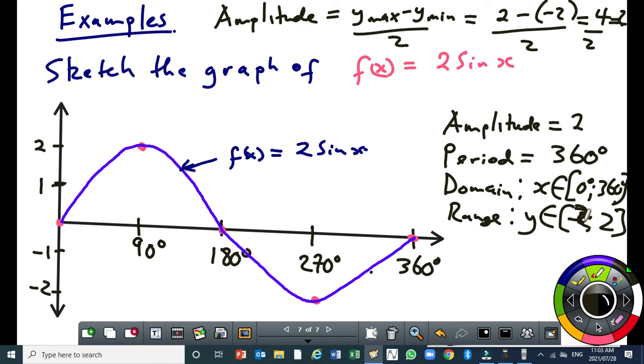Right. And I'm going to give you a short exercise now. I want you to sketch the basic graph, that is y equal to sine x, on the same system of axes. So sketch it on the same system of axes quickly.